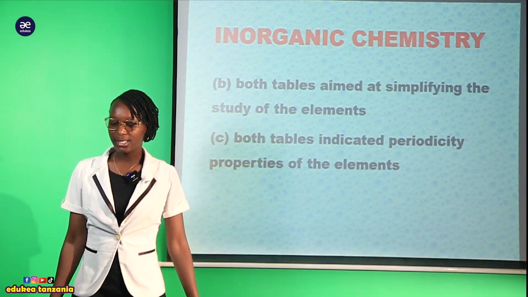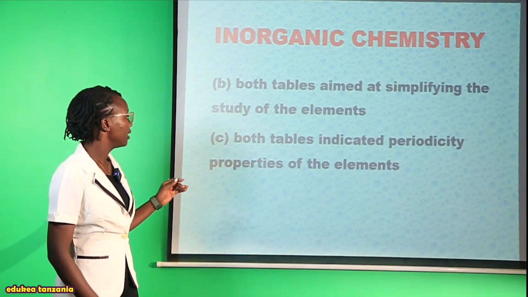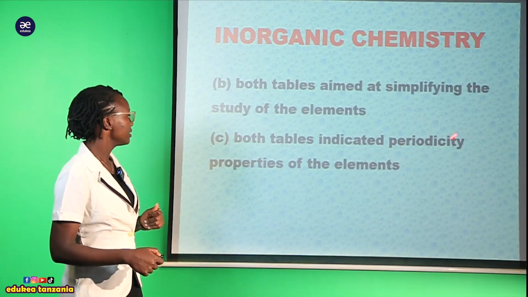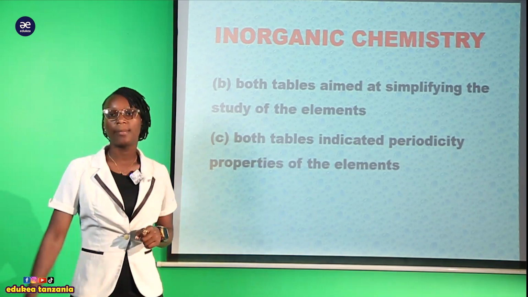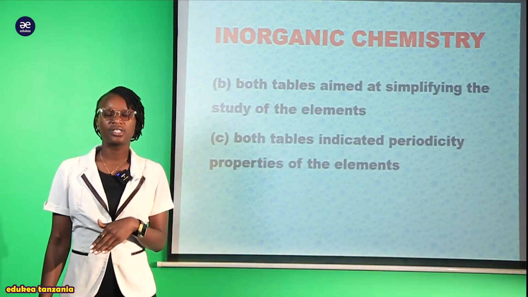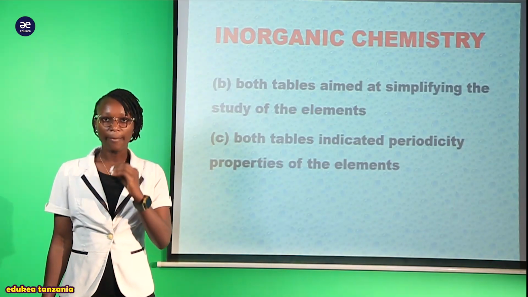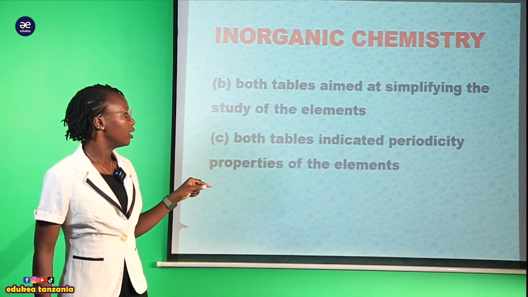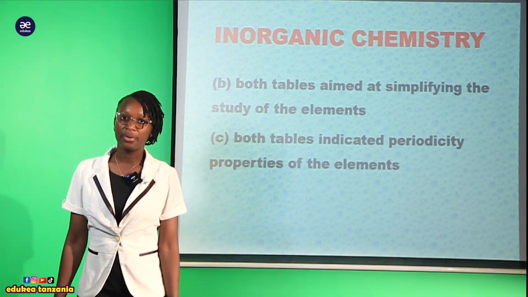But another similarity is both tables indicated periodicity of properties of the elements. Kwamba table zote, tukija kwenye table ya Mendeleev na table ya modern periodic table, you can see that both of them included or indicated the issue of periodicity.